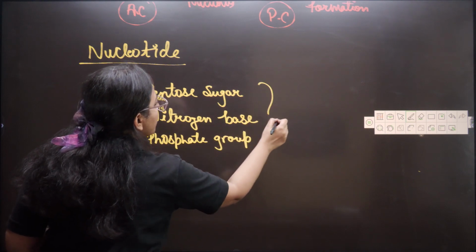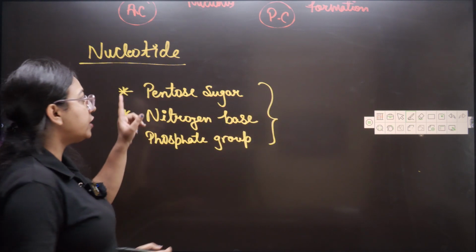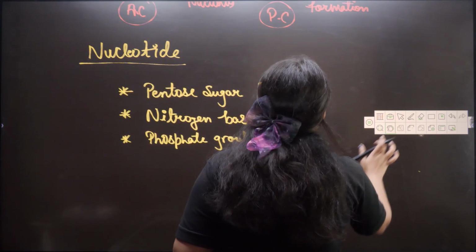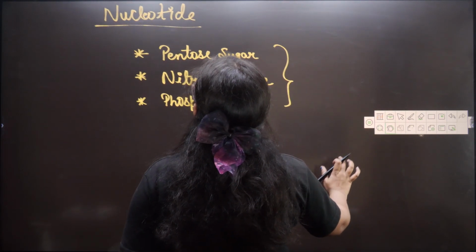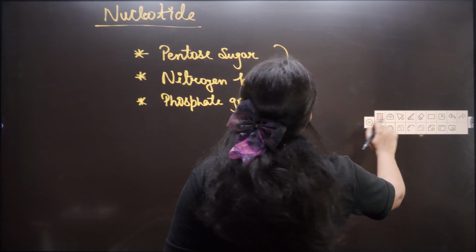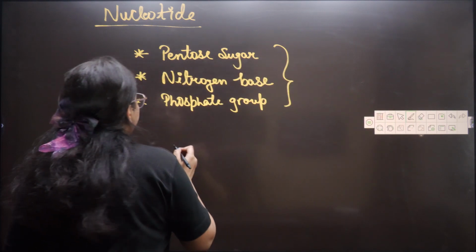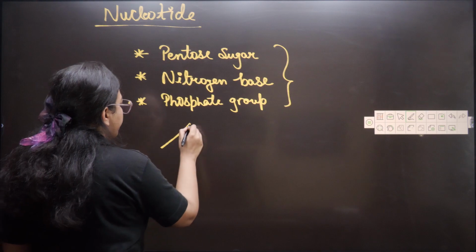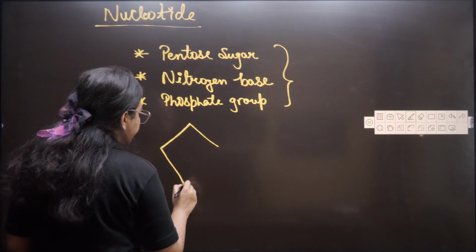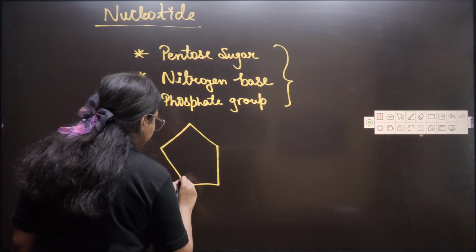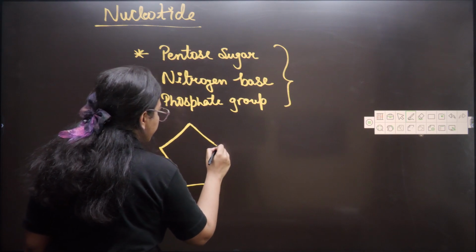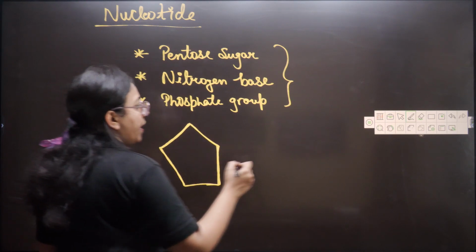These are the 3 things you have to keep in your mind while drawing the nucleotide. Now let's draw it. So first of all, we have this pentose sugar. This pentose is 5, this way 5 sugar should be there.